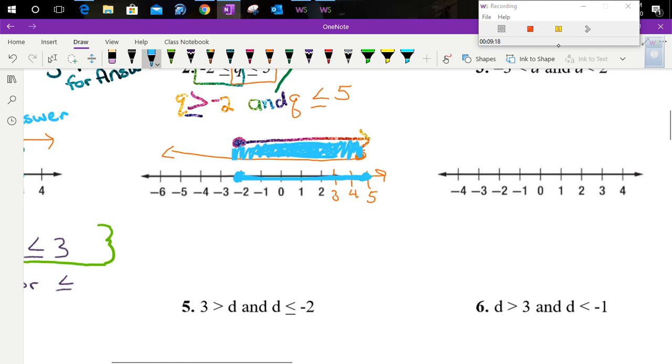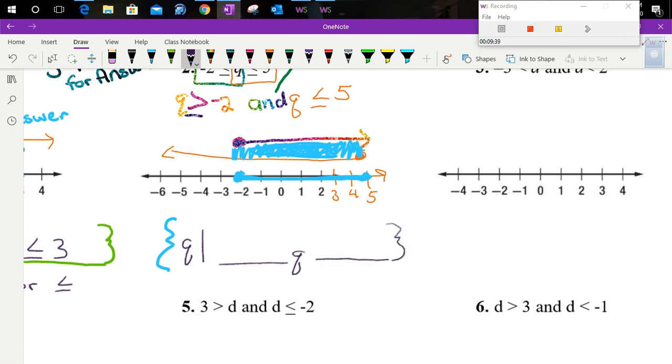Now, for our set notation, again, here's my suggestion to you on this, is that you would go Q such that, and think in terms of a blank, Q blank, and then our brackets.